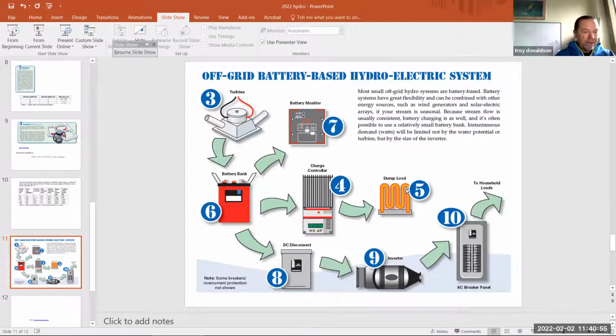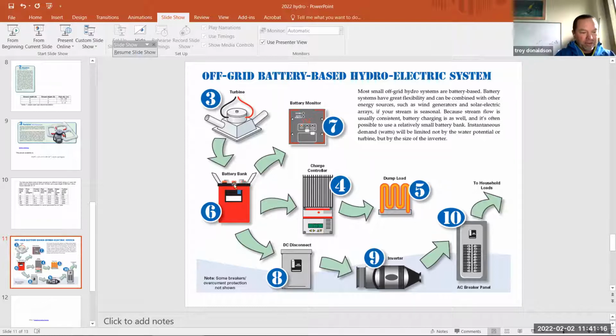Okay. Then if the batteries are needing charge, it's going to come in here to the battery bank. And then that's going to head to a DC disconnect and a battery monitor to take care of that. So when the battery is full, we send it to the dump load. When the battery needs charged, it gets charged.